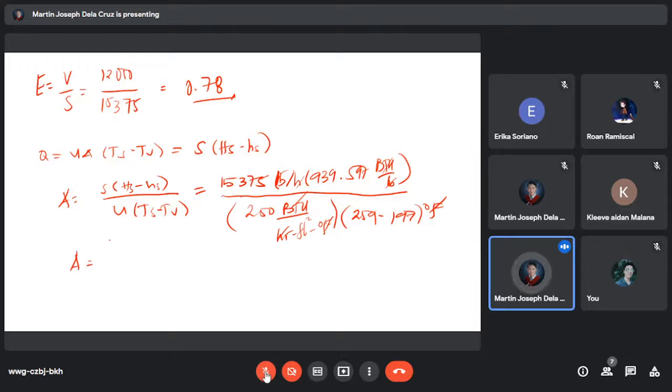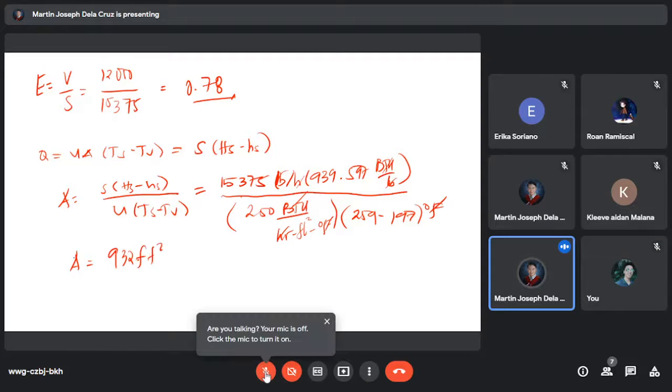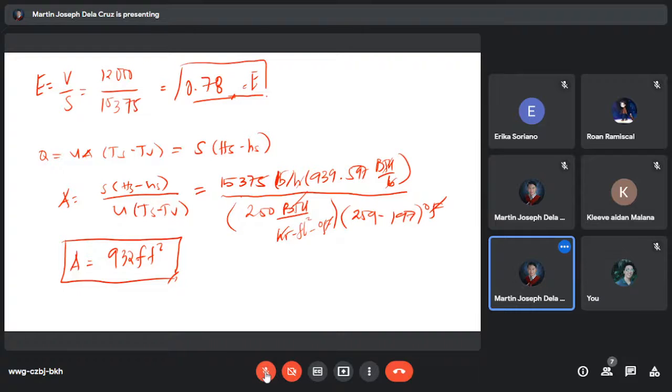So what is our A class? 932.02. 932 feet squared. So yan na class. Okay? So you have your steam economy na ito, and then area is 932 feet squared.